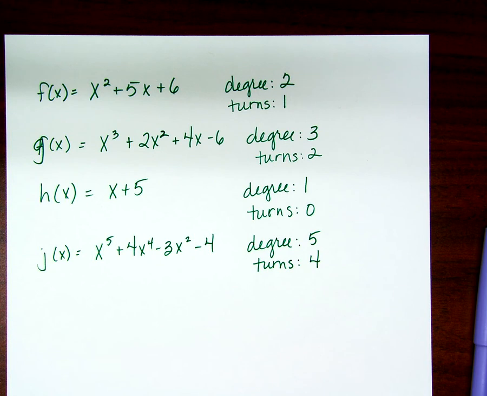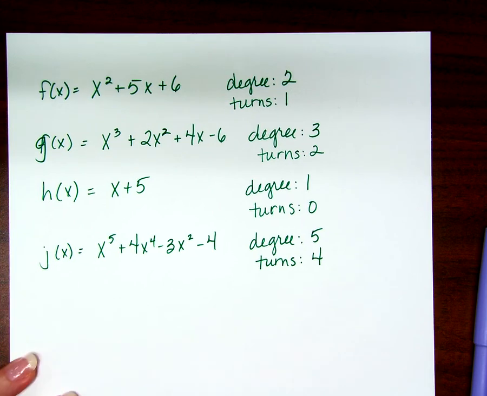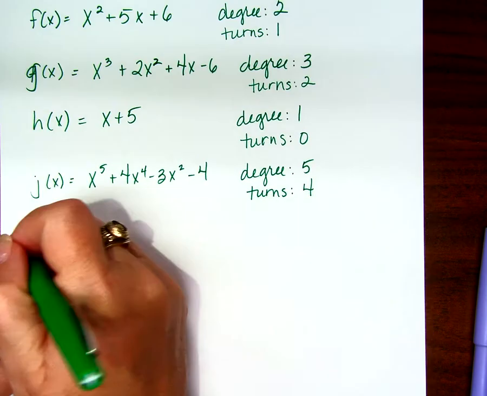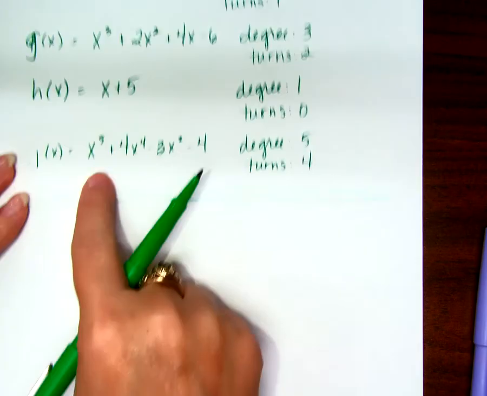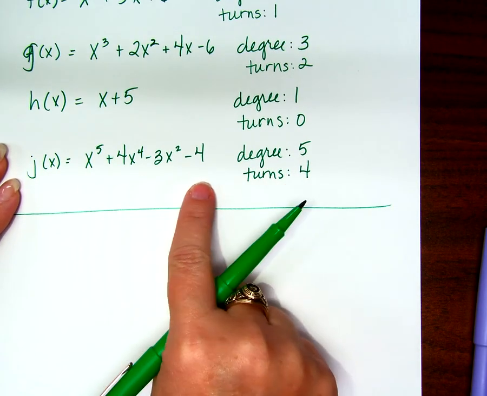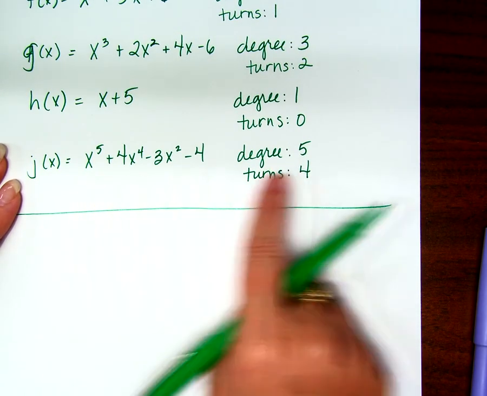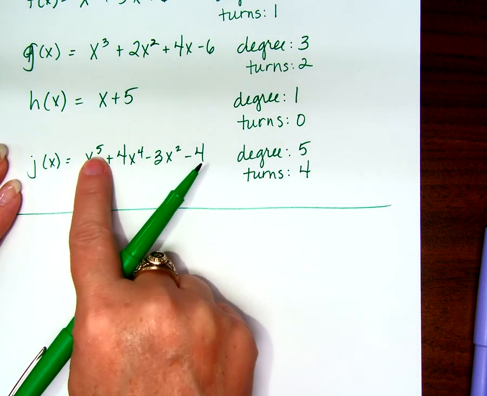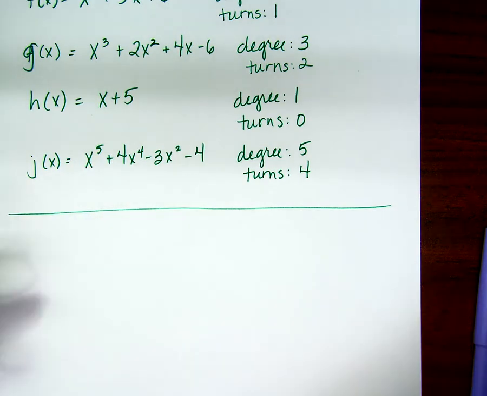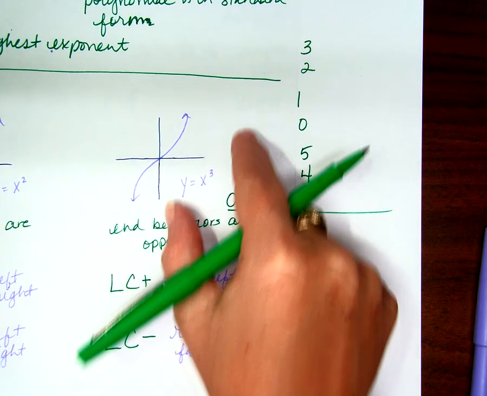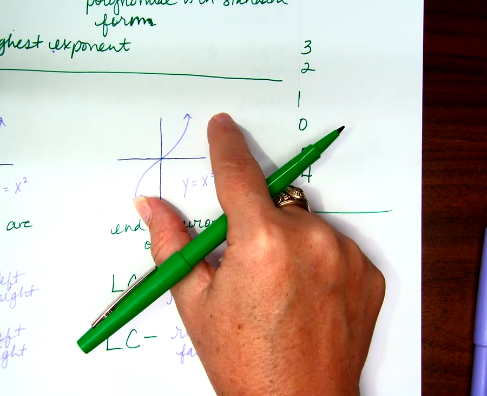This is something I have to draw for you, if that's okay, so I can explain what I mean. I'm just going to draw it right down here. Let's pretend we're talking about this one right here. Tell me about its end behaviors. Well, my degree is 5, so it's odd, so it's going to have opposite end behaviors.